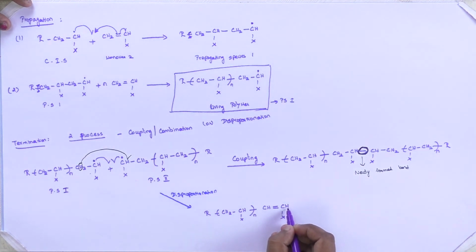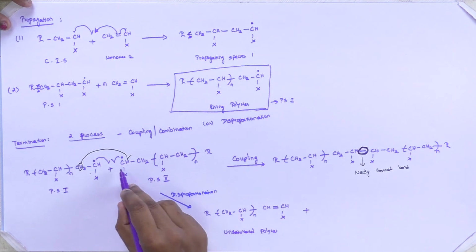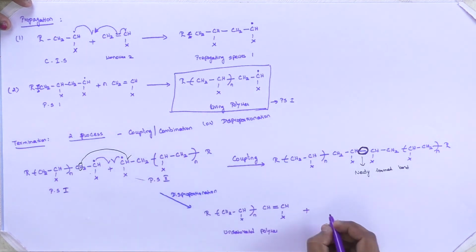Therefore, see, 1, 2, 3, 4, the valency of carbon is satisfied here. Again 1, 2, 3, 4. So this is what you call an unsaturated polymer. You have a double bond unsaturated polymer, and the other polymer, this one, will be formed as a saturated polymer.